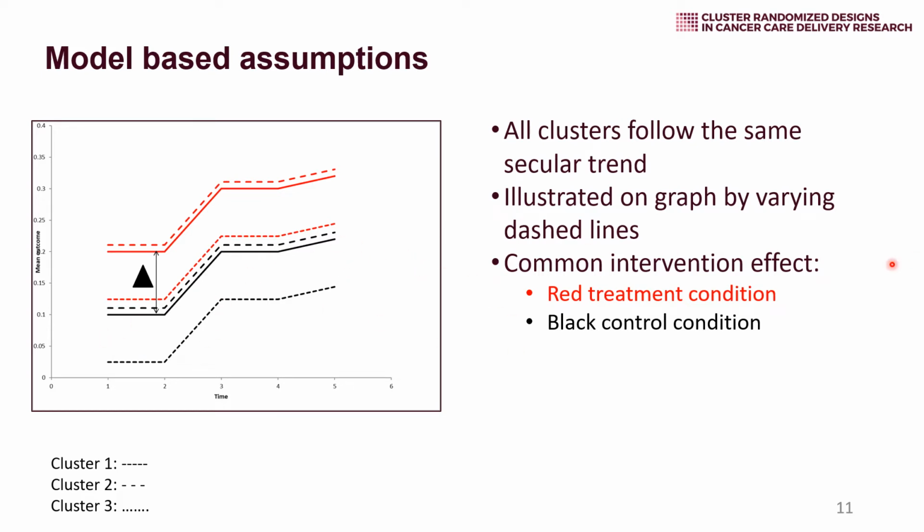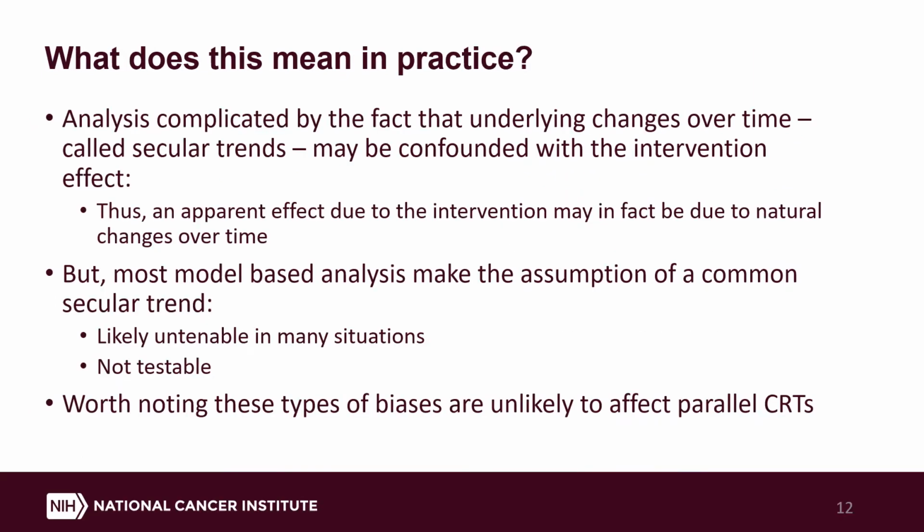So all the clusters are assumed to follow the same trend pattern. We also assume that there's a common intervention effect. By this we mean that on exposure to the intervention condition, all of our clusters shift up by the same constant amount over the entire study period. So these are the model-based assumptions that we typically make when analysing data from a stepped wedge trial.